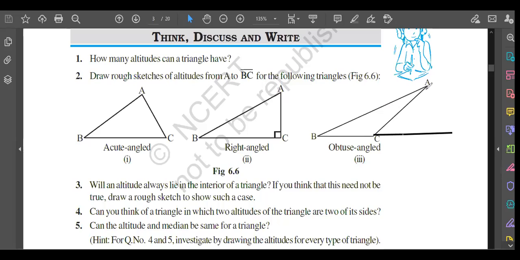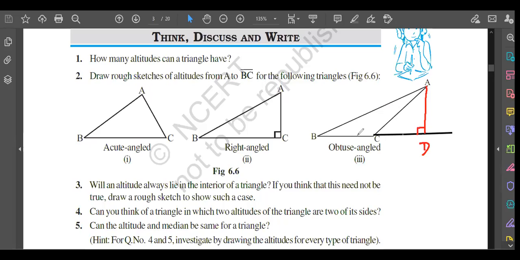So you cannot draw a line which is inside this triangle and is perpendicular to BC from A, right? Perpendicular is straight, this one. This is a perpendicular, right? So this is your altitude. But is this altitude inside this triangle? Yes or no? Outside. Got it? Right? Okay.